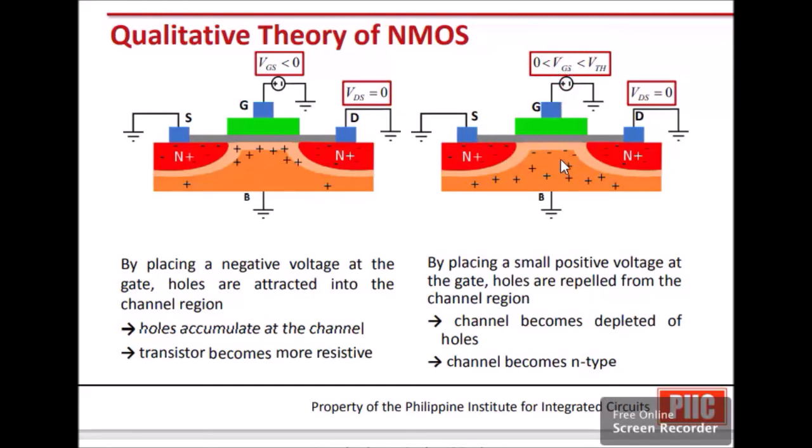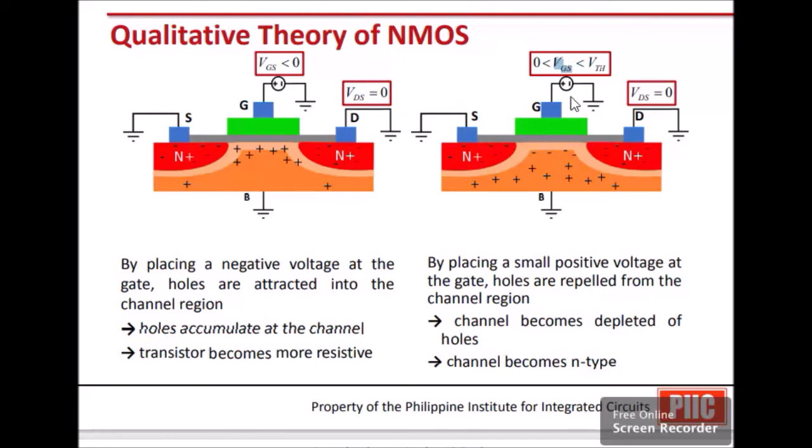So, na-attract niya somehow yung mga negative charged particles dito. But then, hindi siya enough, okay? Hindi siya enough kasi yung VGS natin is less than the threshold pa. So, somehow, wala pang masyadong channel talaga actually na nag-exist. Okay? Kasi again, hindi pa enough itong VGS na nilagay natin.